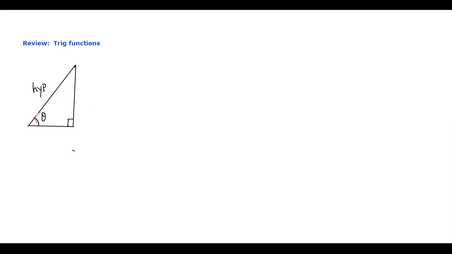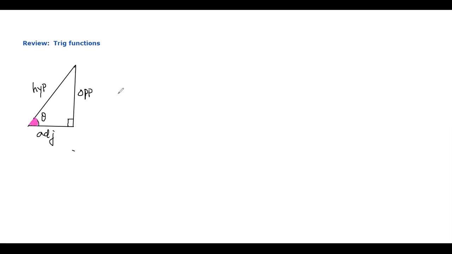This is the angle theta we are interested in. The side facing the angle we are interested in, we call the opposite side. The side right next to this angle theta, we call the adjacent side, which means right next to it.